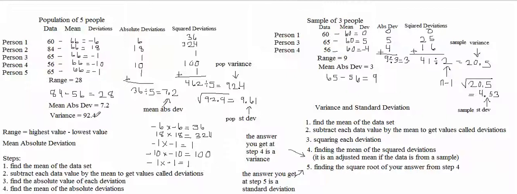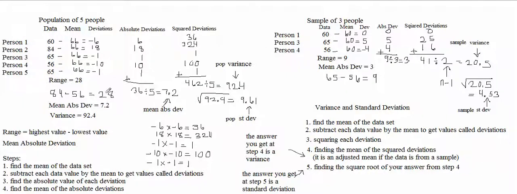And the mean absolute deviation and the standard deviation don't have that disadvantage, because they don't come out to such a large number. Actually, the mean absolute deviation and the standard deviation usually come out to about the same number.